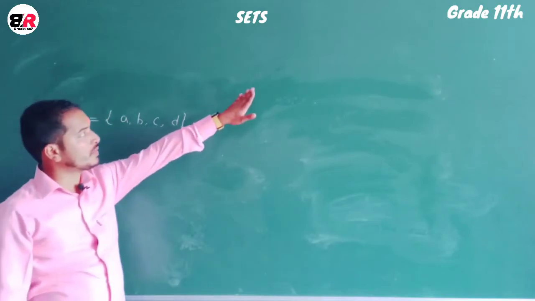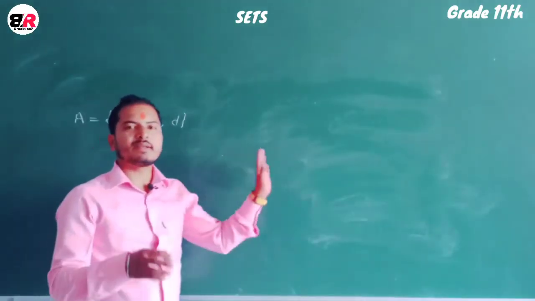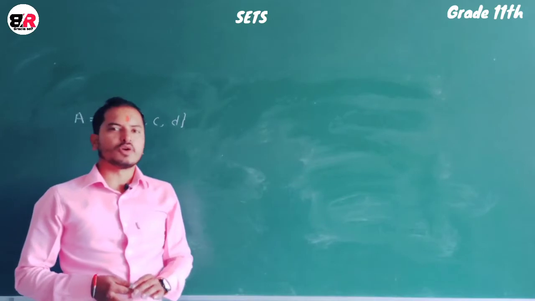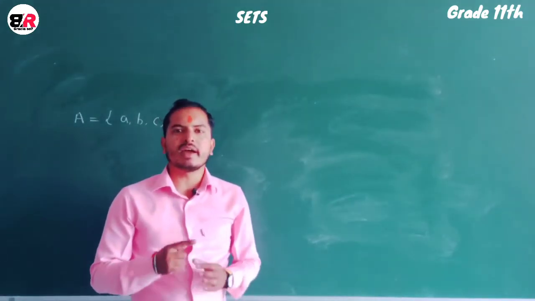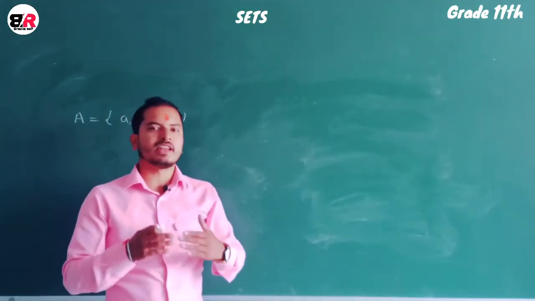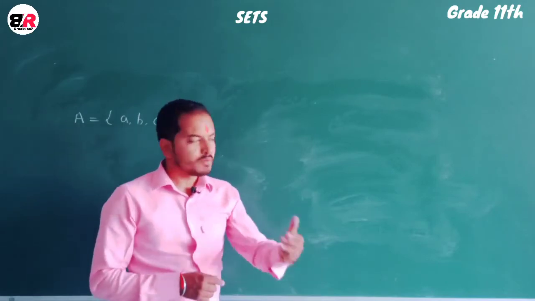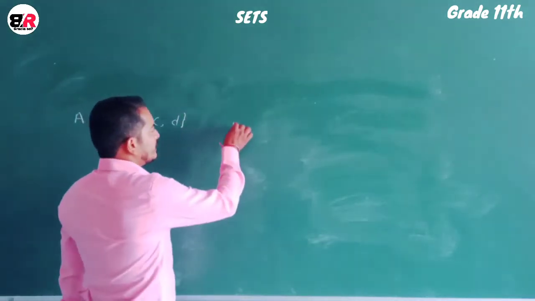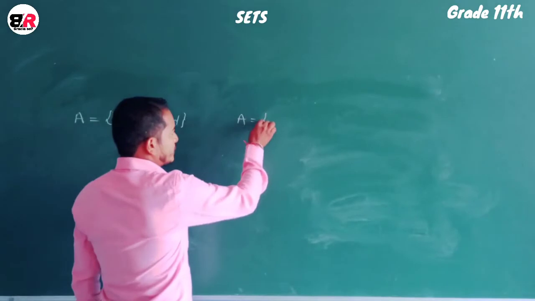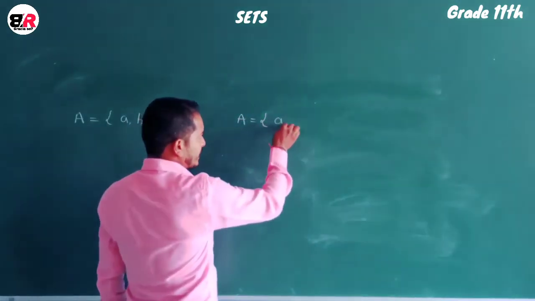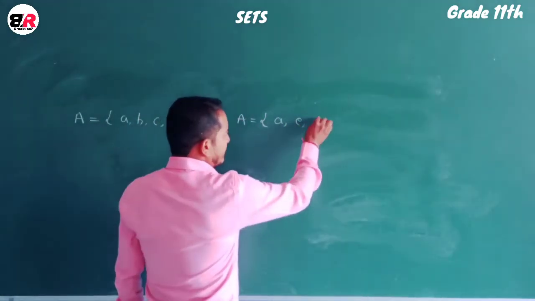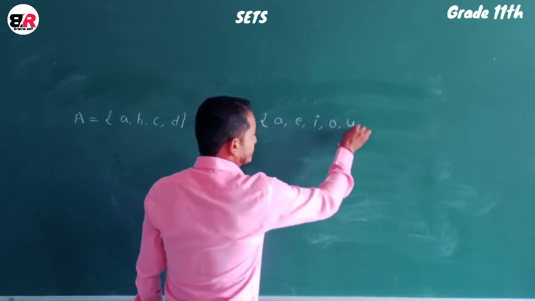Now what about set builder form? In set builder form, each element possesses a single common property that is not possessed by any element outside of the set. For example, I am going to write the set of vowels in English alphabet that are {A, E, I, O, U}.